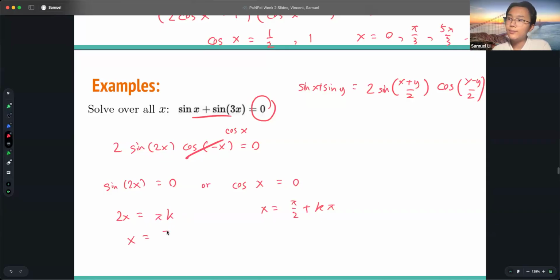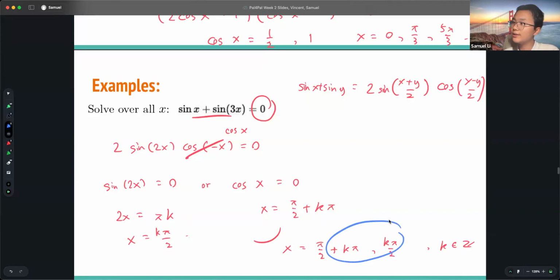So x would be k pi over 2. So we get that the solutions are x is equal to pi over 2 plus k pi, or k pi over 2, where k is an integer. Something to note here is that we can actually combine these two things here.